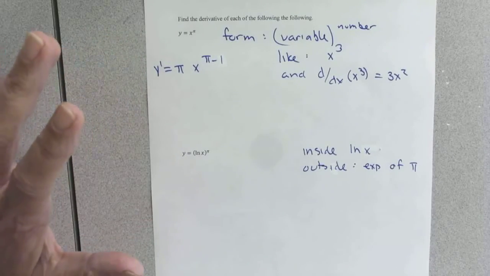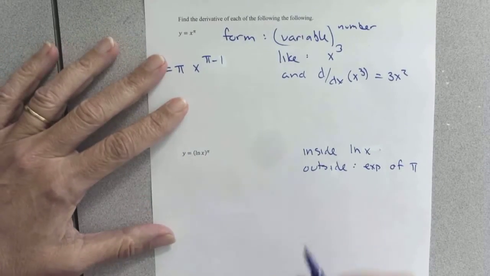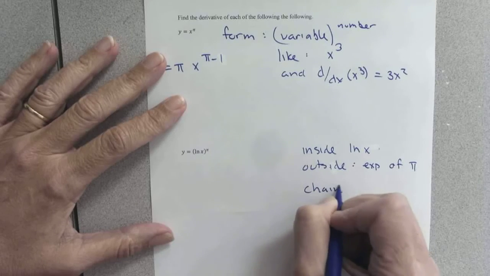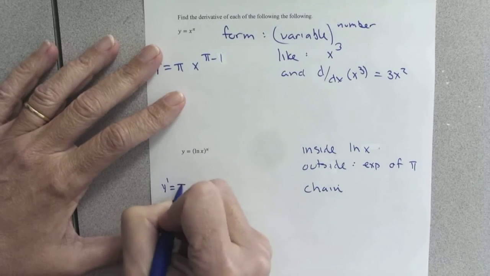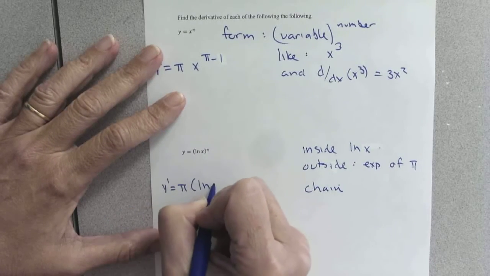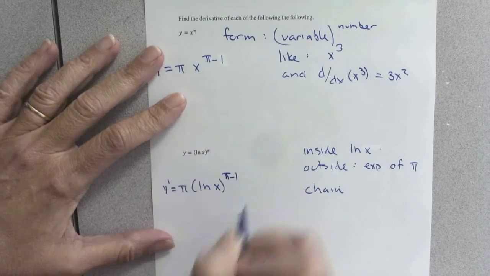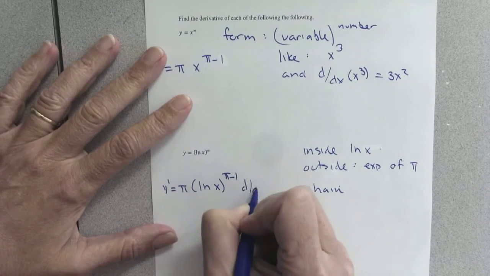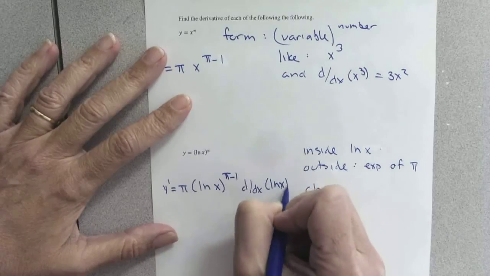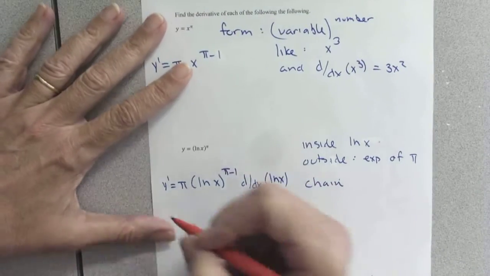Because remember, pi is just a number. So I'm going to start on the outside. It's going to be a chain rule. Start on the outside, multiply by that exponent, decrease the exponent by 1, but then chain rule times derivative of the inside.